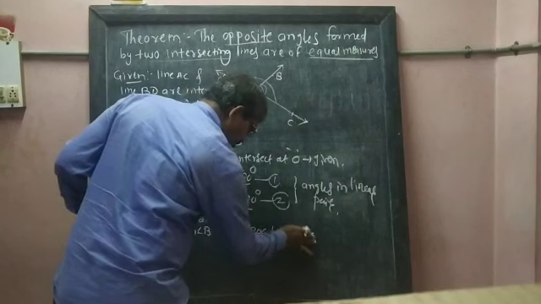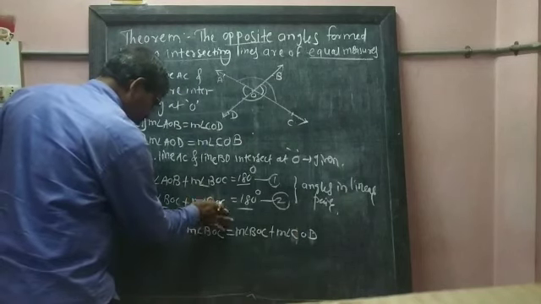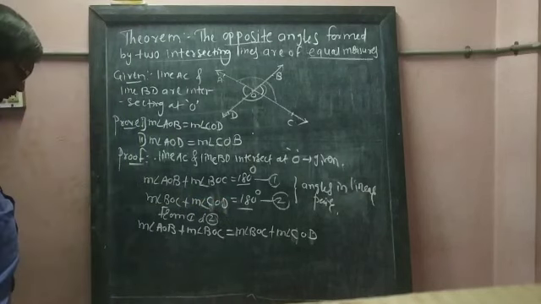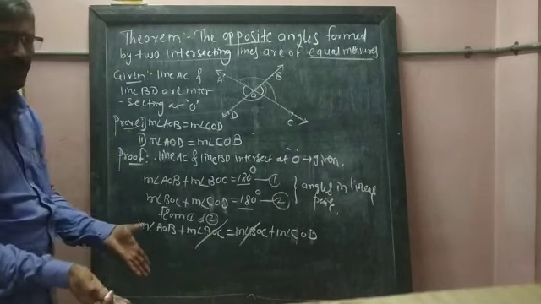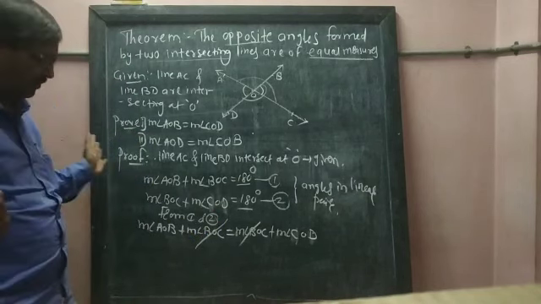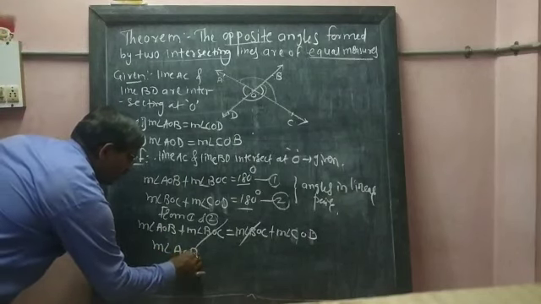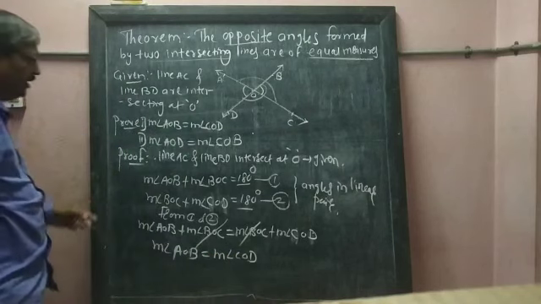I am making the correction so that it matches up there. Now BOC is the same term on both sides, so it is cancelled. What is remaining? Measure of angle AOB is equal to measure of angle COD.